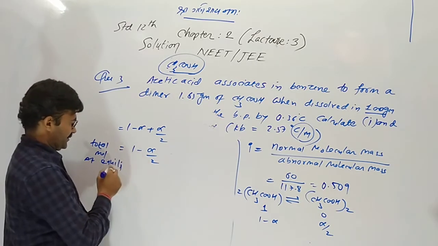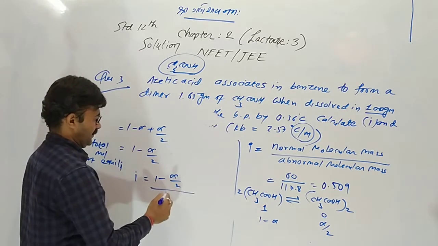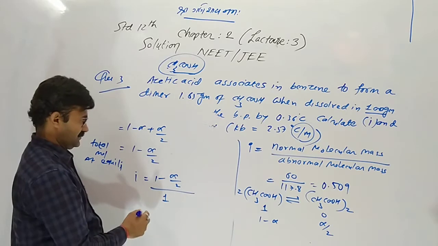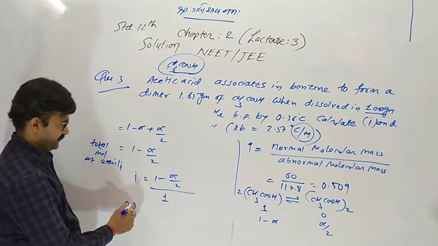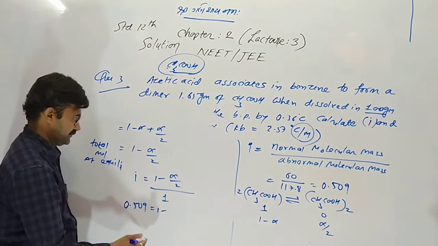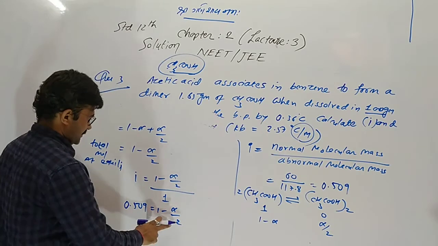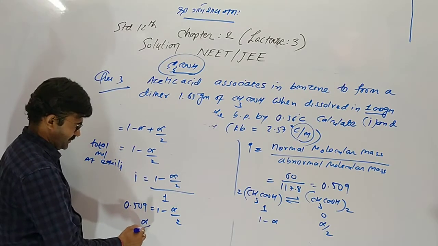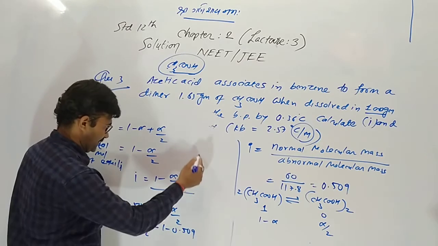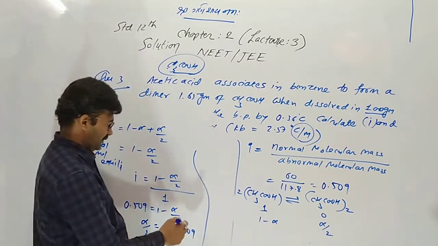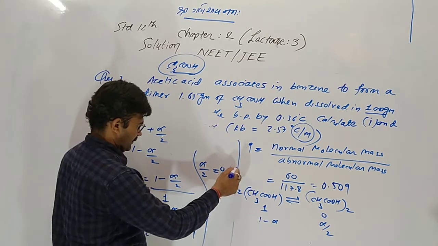So what happens actually? i is the total mole upon initial mole. So i is derived 0.509, equal to 1 minus alpha by 2. So alpha by 2 comes here, so it will be 1 minus 0.509, which means 0.49.